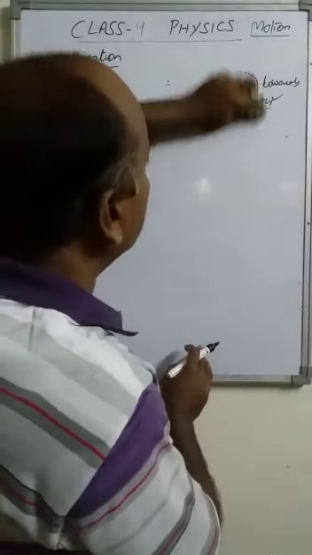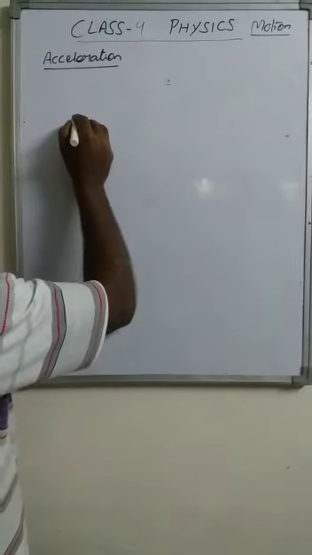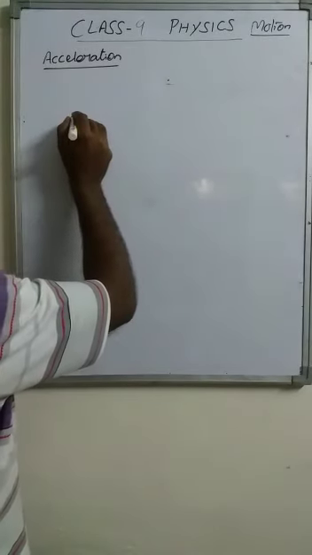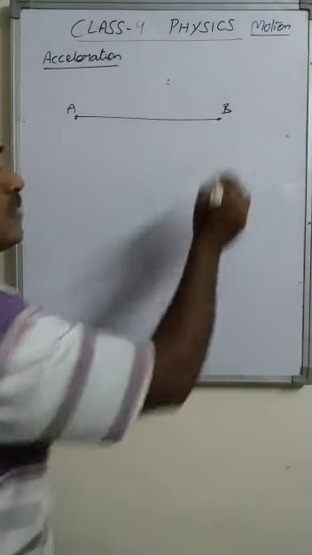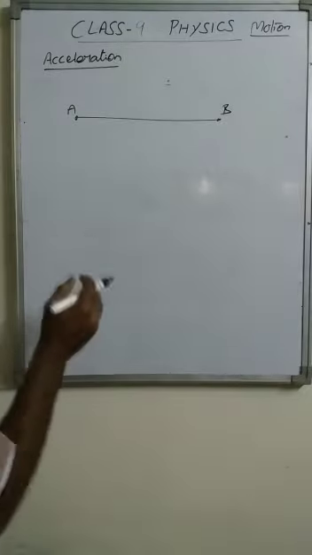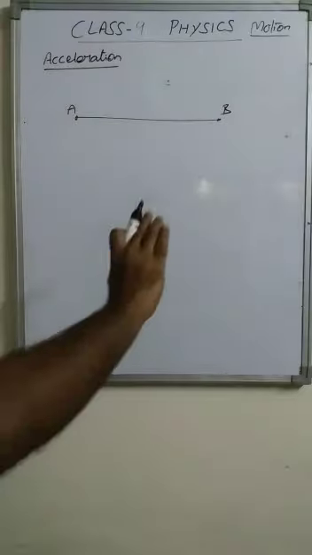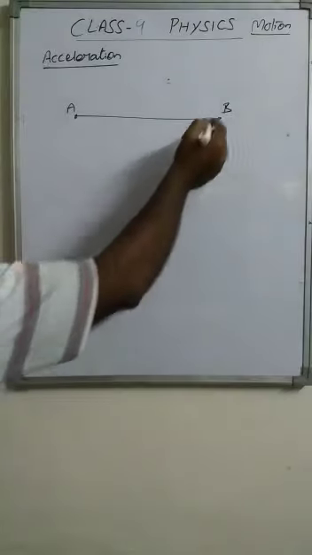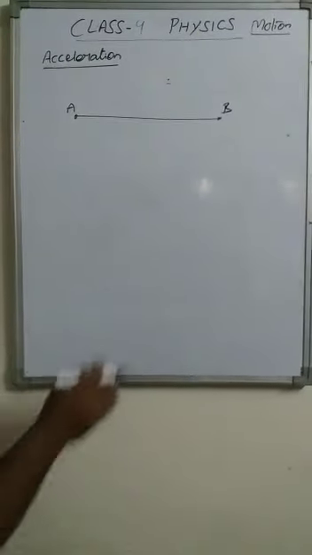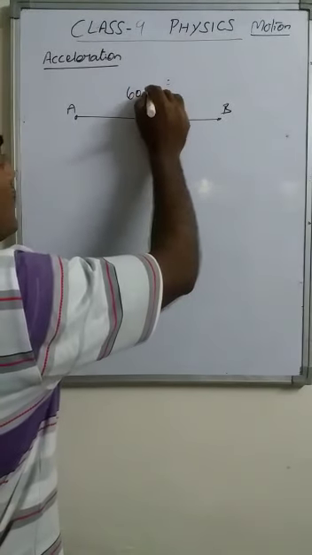Suppose you are riding a bike, traveling in a particular direction from one place to another, and while riding the bike you are continuously seeing the speedometer. In the speedometer the needle will move from A to B. You are seeing that the needle of the speedometer shows 60 continuously.